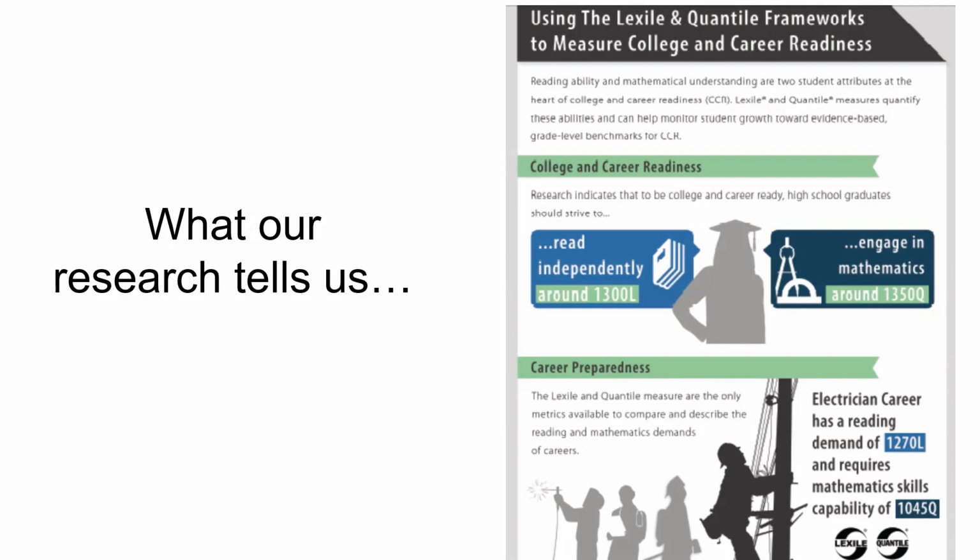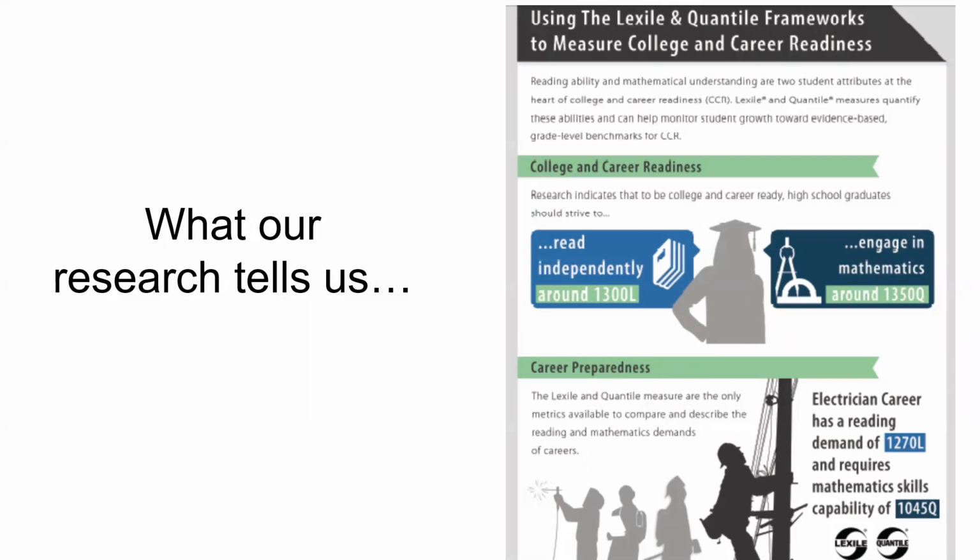In a perfect world, if we can get them there, they will be able to handle whatever they are faced with. We also can share that our research has shown that if they can handle mathematics somewhere around a 1350 quantile, and we're going to do our quantile session on Friday, I believe it is, for our Indiana friends, they'll be okay. They'll be able to handle whatever math.